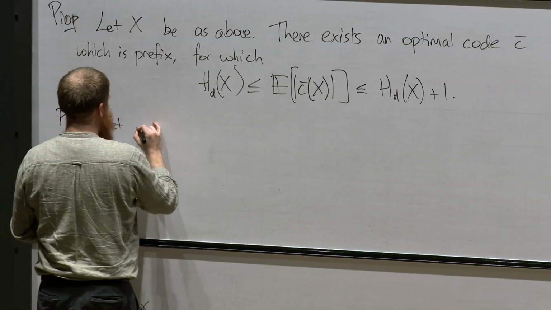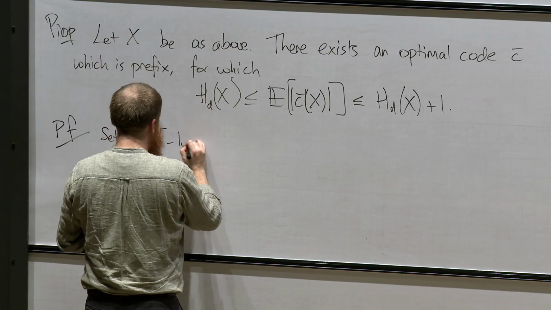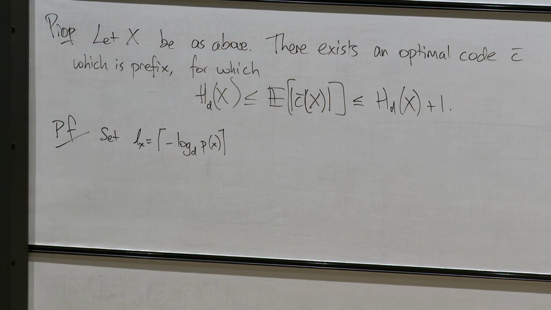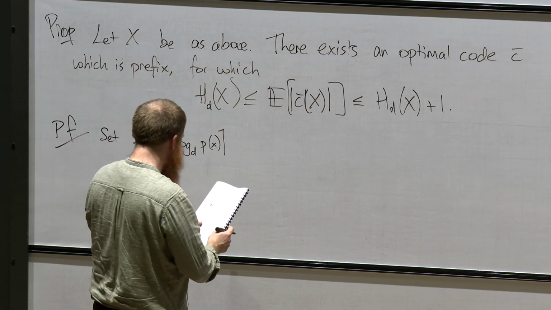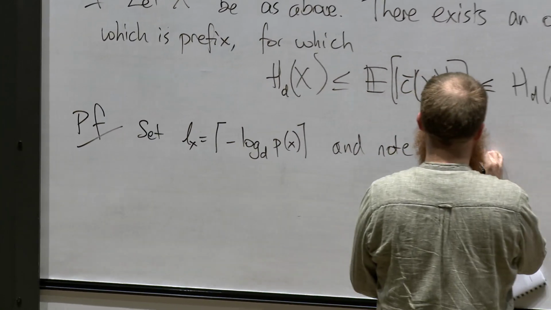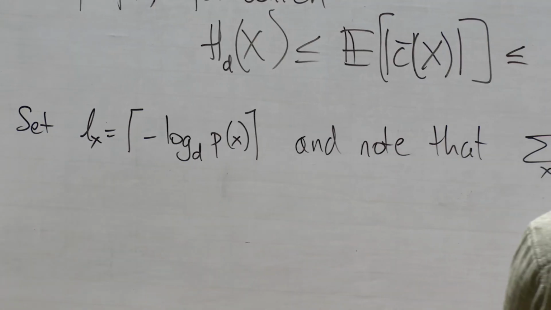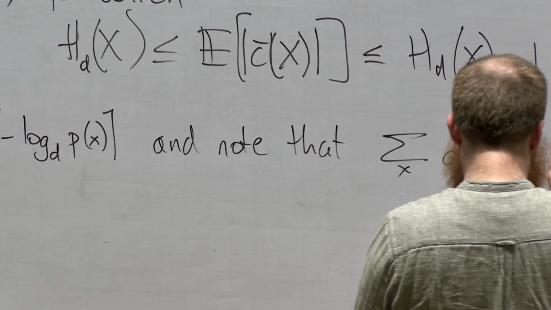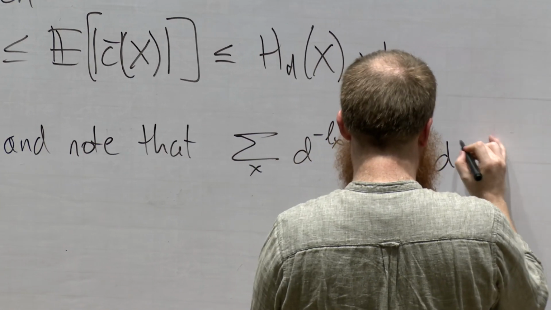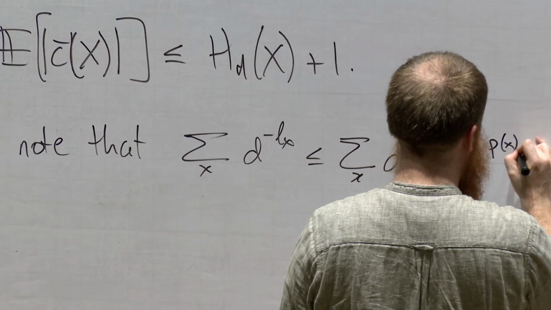So set Lx equal to the ceiling of minus log to the base d of p of x. So take this, round up to the next integer. Okay, and note that the sum over x of d to the minus Lx is less than or equal to the sum over x of d to the minus log to the base d of p of x.